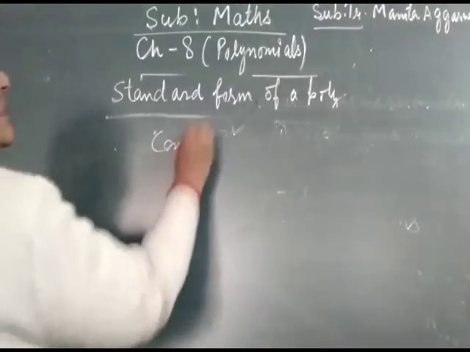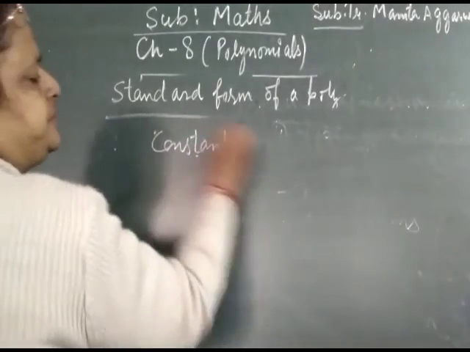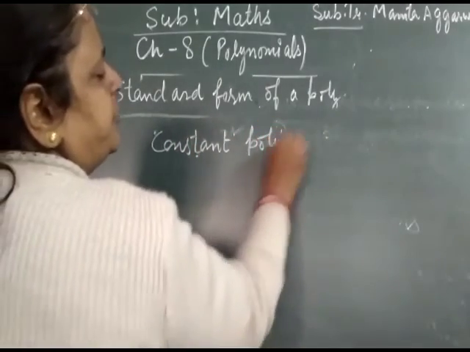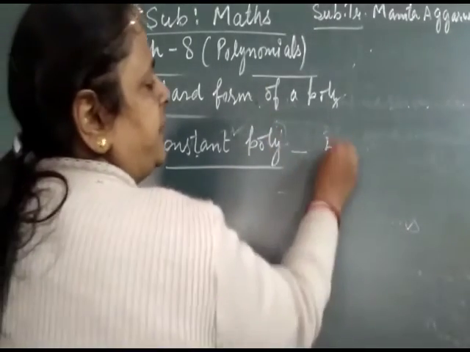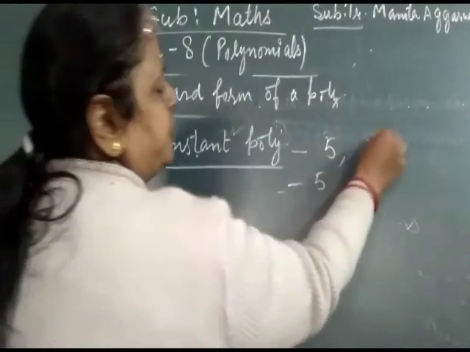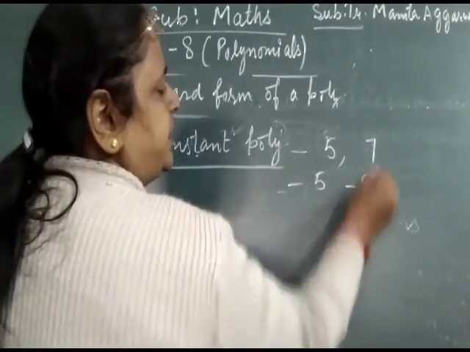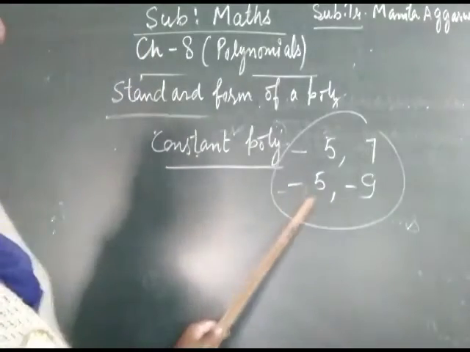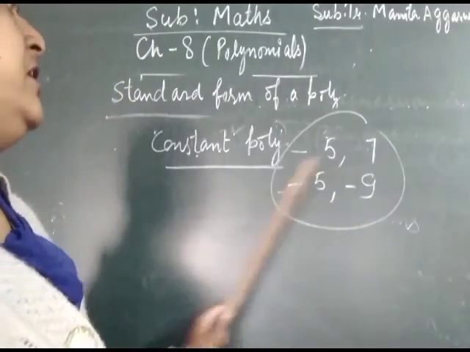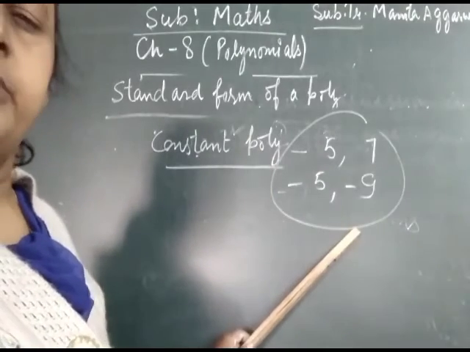And what is the constant polynomial? A constant polynomial means a polynomial without variable, like 5, minus 5, 7, minus 9, or any number having no variable x or y. These are the constant polynomials.